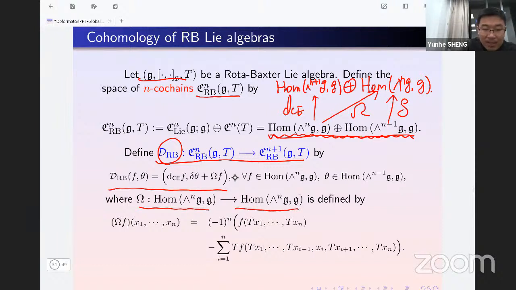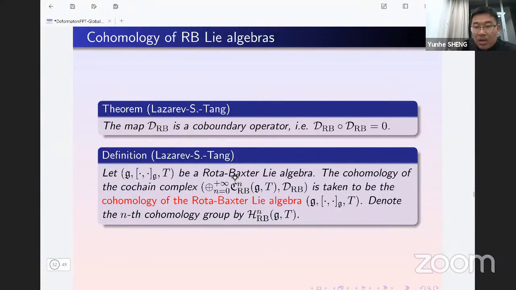It is defined by this formula, and you can see it is totally determined by the Rota-Baxter operator T. Then we can show that the composition of d RB and d RB is 0.